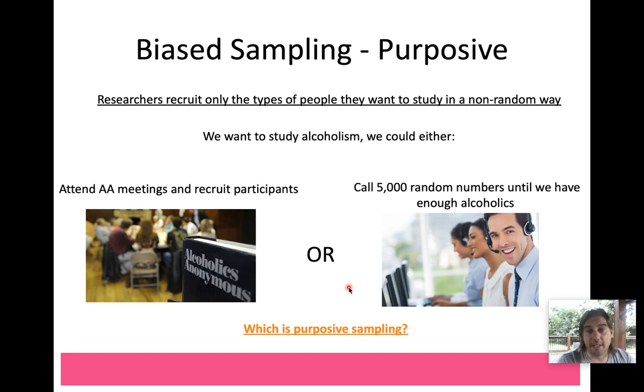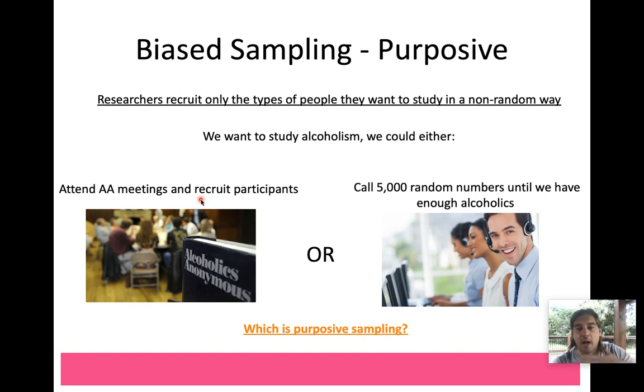So, for example, we want to study alcoholism. I could either attend AA meetings and recruit participants, right? Again, this is similar to our Texas Democrats example, right? We're going directly to the source, right?